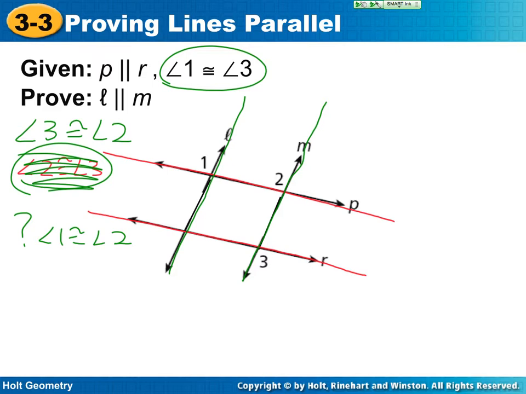And I said Monday we would do a quiz. That quiz is over sections 3.1, 2, 3, and 5. Here are some suggested problems.